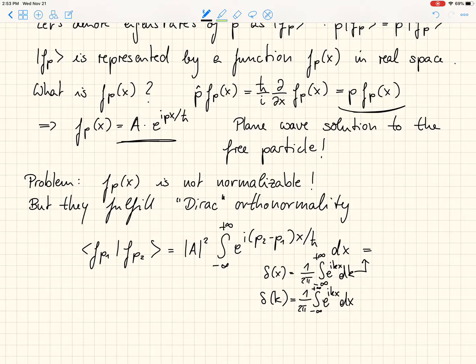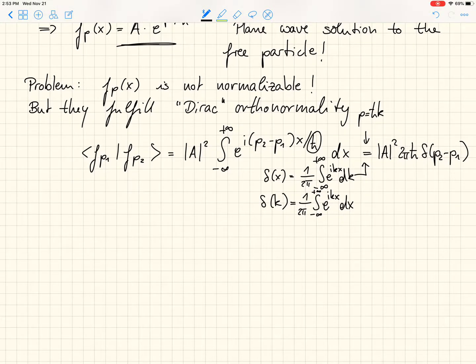If I use this, I get that this integral is equal to a squared times 2 pi times h bar. The h bar comes in because it's down here, and k is related to p through p equal to h bar k, and so I get delta of p2 minus p1.